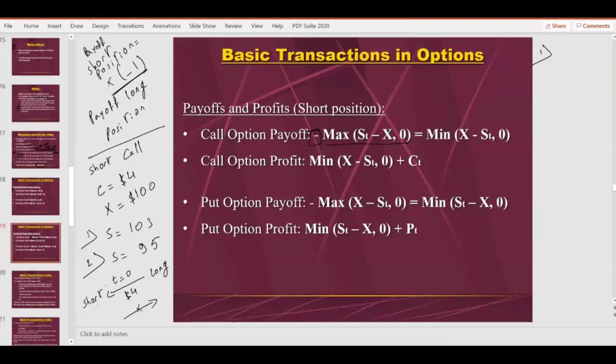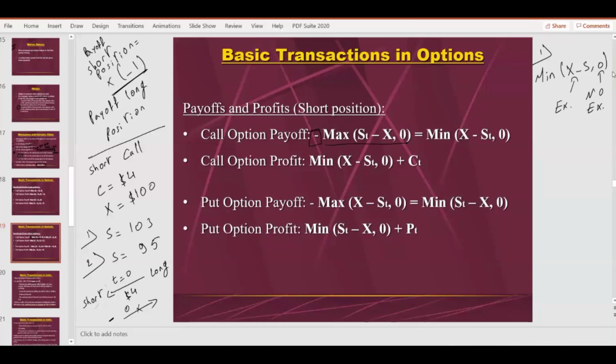In this case, it's zero, or it can be negative for the party with the short position. So it's mainly the minimum of X minus S and 0. 0 in case there's no exercise. In case there's exercise, it's X minus S. Now, why is it X minus S, not S minus X?